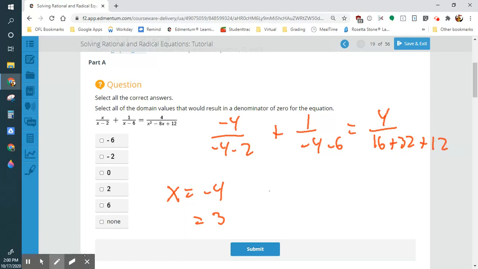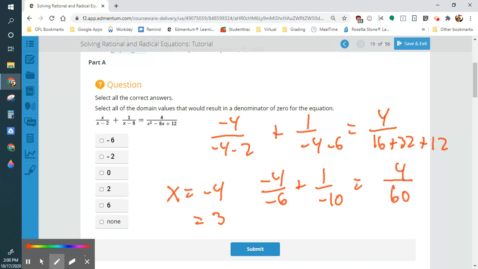We end up getting this negative 4 over negative 6 plus 1 over negative 10 equals all of that. So what is that? 44. 44 plus 6 is 50. 50 plus 44 plus 50, so this is 60 over 4.